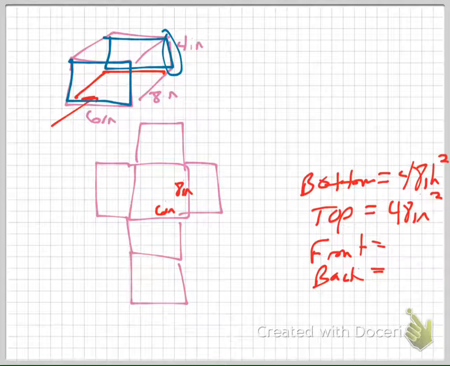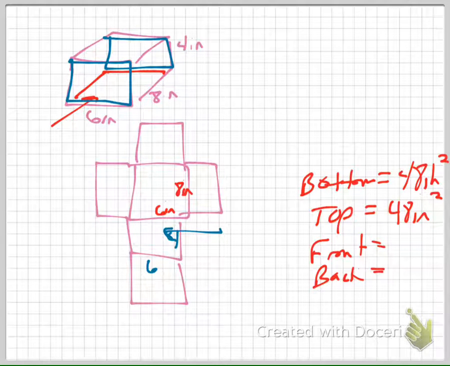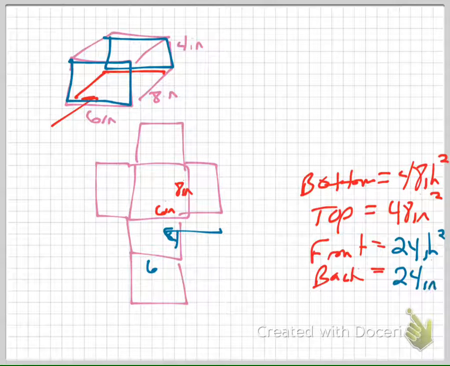Because if this is 4, that means this is 4. So it would be 6 by 4. Does that make sense? Yes. So the front, which is this guy, is 6 by 4, which makes the front and the back 24 square inches. Does that make sense? Okay. And then what's left then? Left and the right.